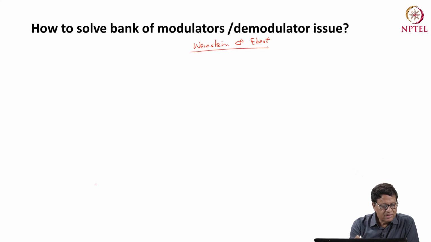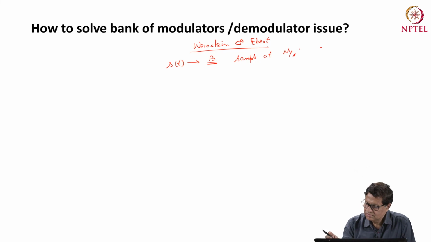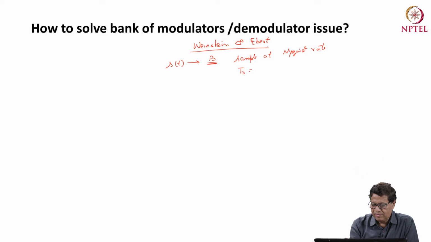So what they did is that your S(t) signal has bandwidth B. Now, if I sample this signal at Nyquist rate, which is Ts given by 1 by B, that is the rate I sample at.